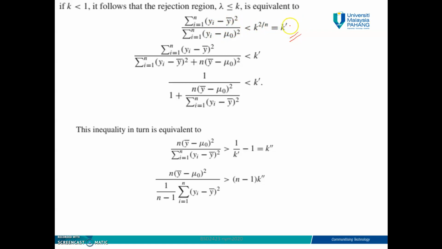This is considered k prime, and this k prime is greater than this value. Finally, this is what you get: k prime greater than 1 over something. Then we will continue with this one.